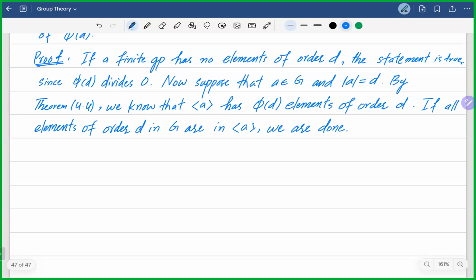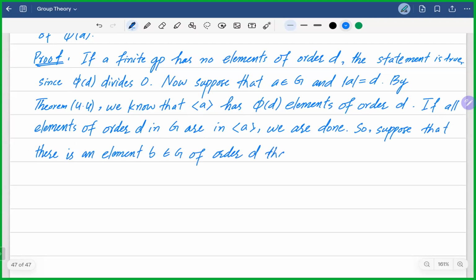So suppose that there is an element b in G of order d that is not in the set generated by a.